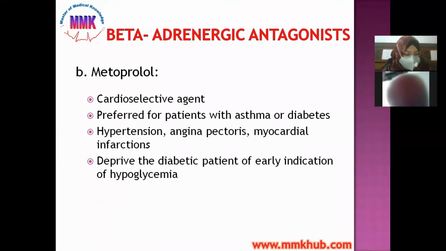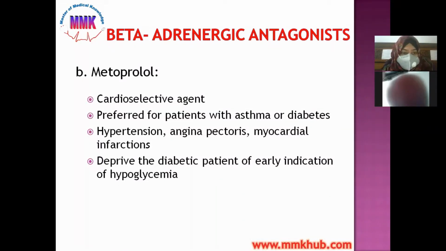So metoprolol is a selective beta blocker, a cardioselective agent, and it's preferred for patients with asthma or diabetes because it is not working on beta 2 receptors. It's only working on beta 1 receptors.